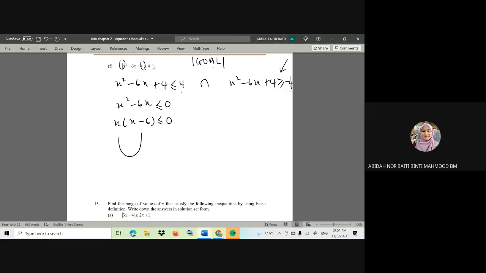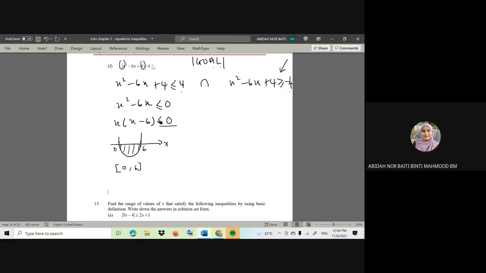A is positive, so it opens upward. So 0 and 6, this is x. Less than 0 means shaded below the x axis. Therefore your answer is 0 to 6, with square brackets because here we have the equal sign.